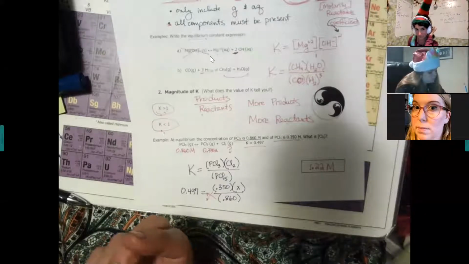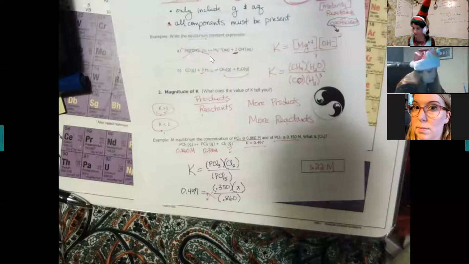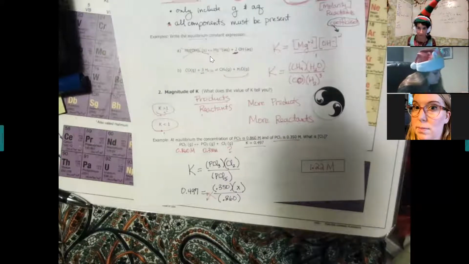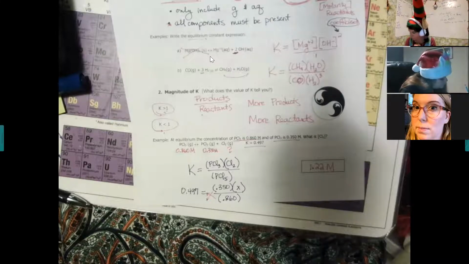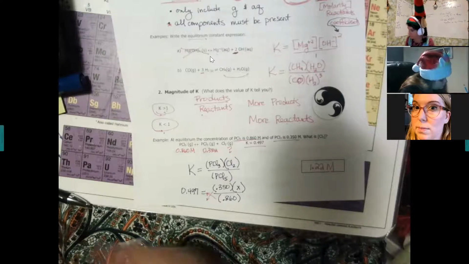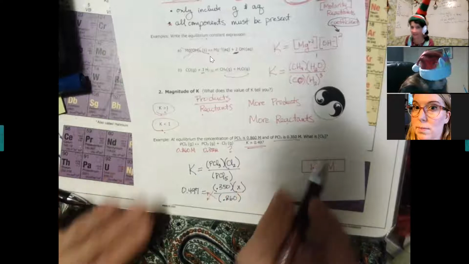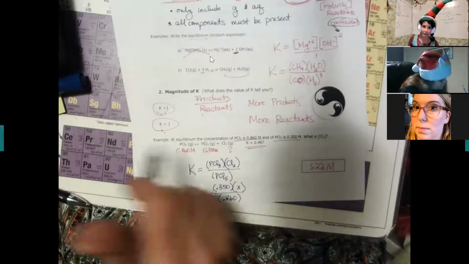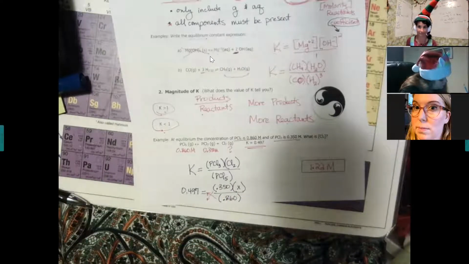So that's the idea of what equilibrium is: it's a balance point. Every equation has its own unique balance point. So my question for you: what does this K tell us about the balance point for this specific reaction?